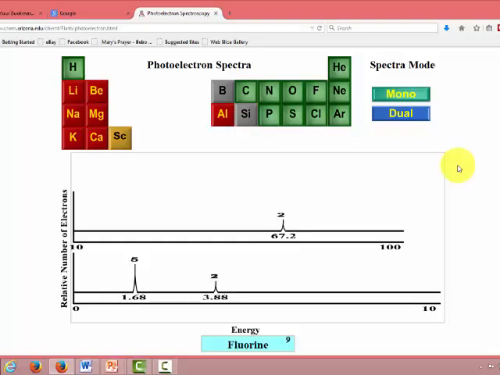So remember that the highest energy peak is always the electrons closest to the nucleus. Also, this is one spectrum split onto two lines, 0 to 10 on the bottom line, continuing 10 to 100 on the next line.